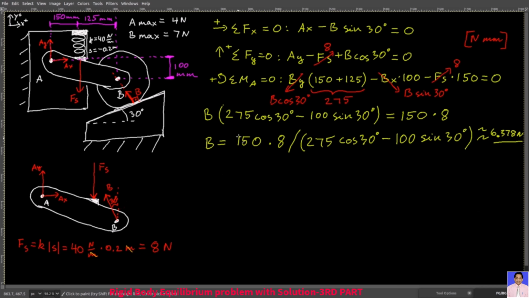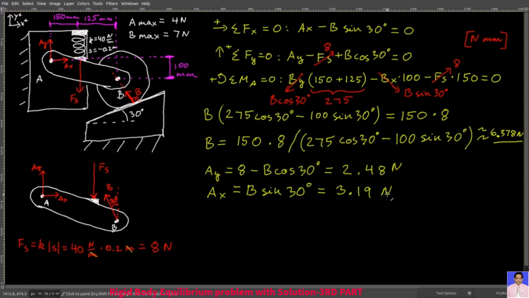Then, from the second and the first equations, I have AY equals 8 minus B times cosine 30 degrees. You know your B, and so your AY is 2.48 newtons. Then your AX equals B times sine 30 degrees. Again, you know your B, so AX equals 3.19 newtons.